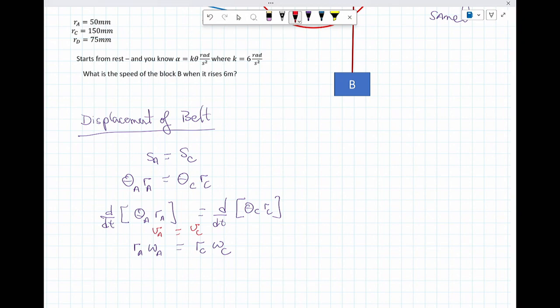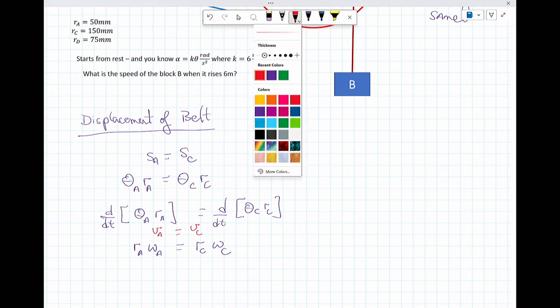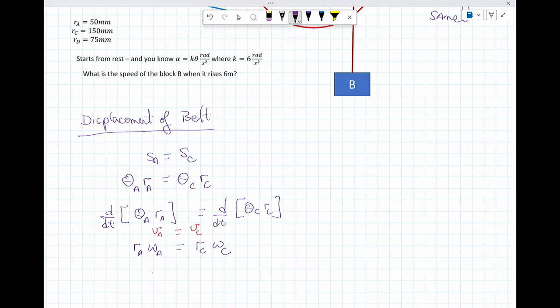So putting everything together, I get omega C is equal to omega A RA divided by RC.